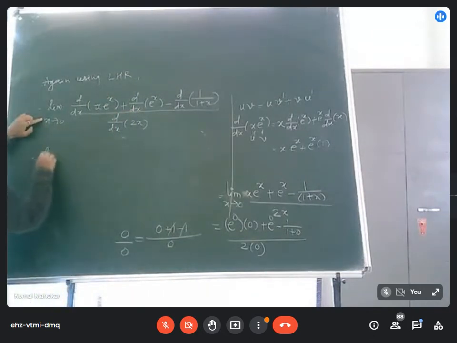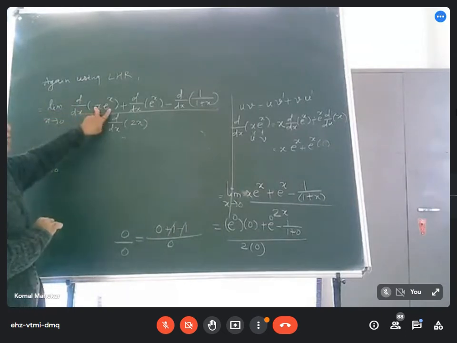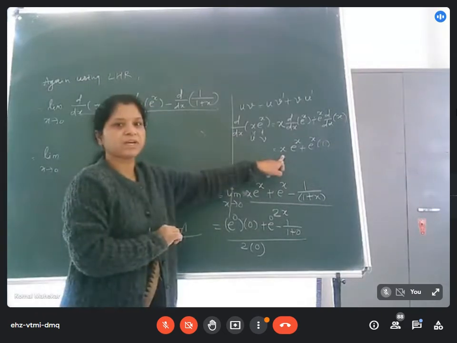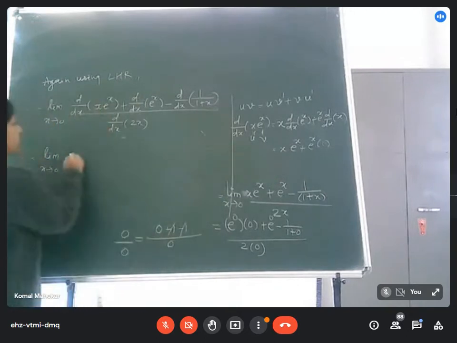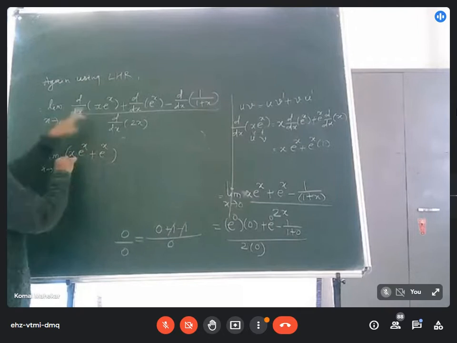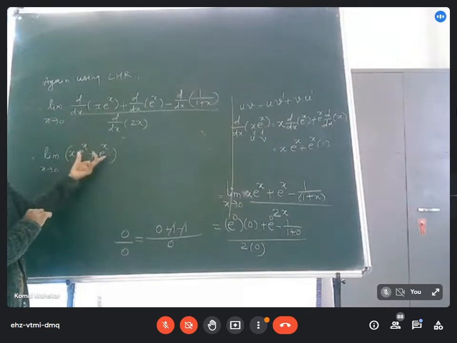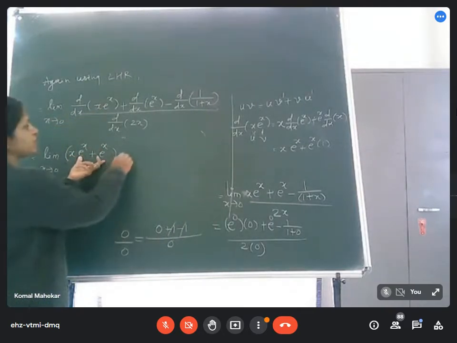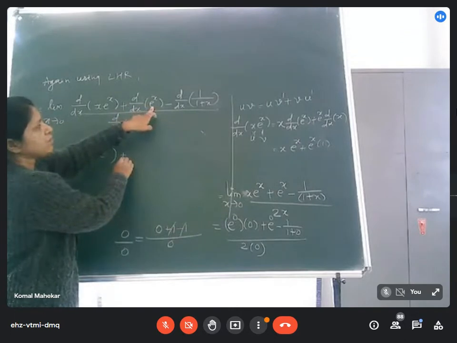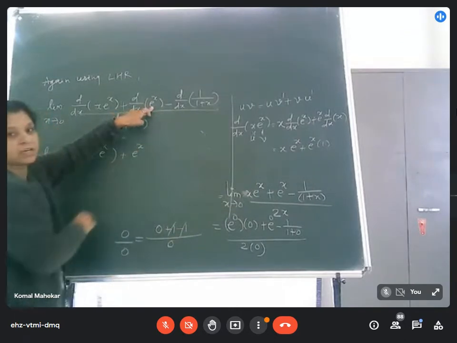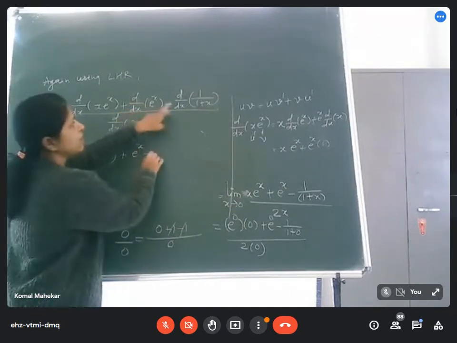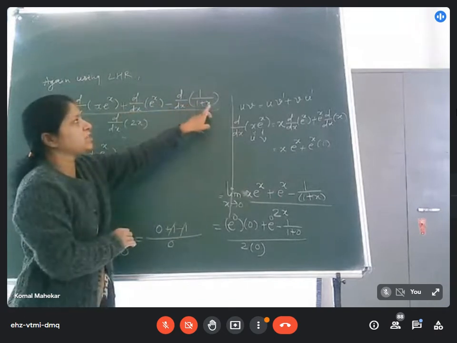Now see here, already we have found out the derivative of x into e raised to x, that is x into e raised to x plus e raised to x. So this is the derivative of first term, x e raised to x plus e raised to x, plus derivative of this term e raised to x, same e raised to x, minus, now d by dx of 1 upon 1 plus x.